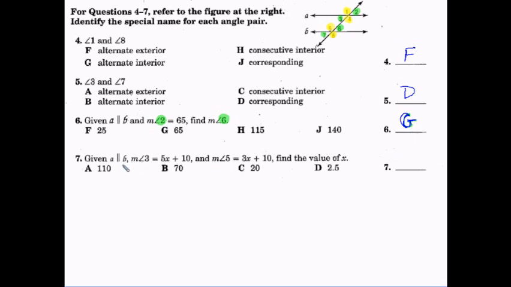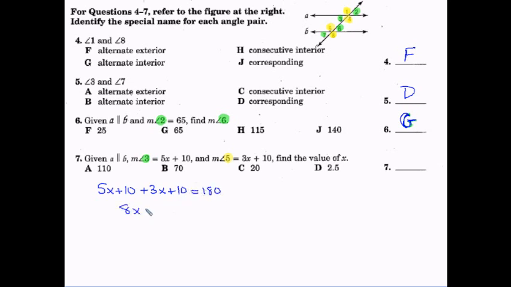Then we have given A is parallel to B, and angle 3 is 5x plus 10, and angle 5 is 3x plus 10. Well, angle 3 is green, and angle 5 is yellow. Because I have a green and a yellow, these are going to add up to 180. So I have 5x plus 10 plus 3x plus 10 is equal to 180.